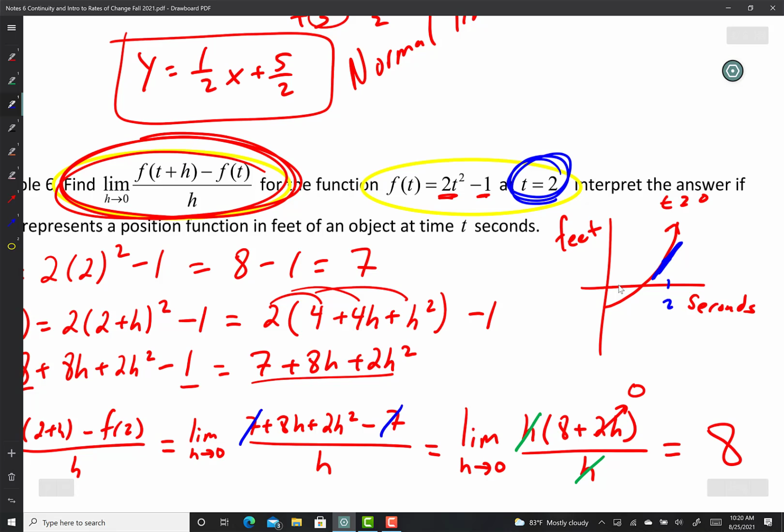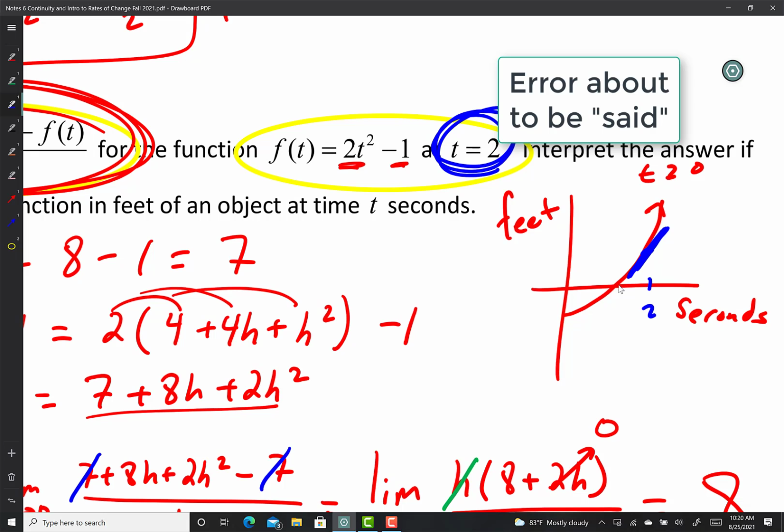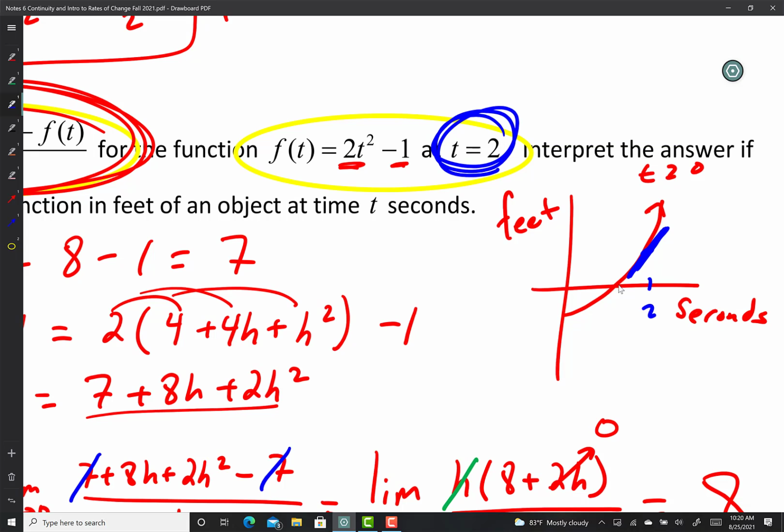So that blue line is a tangent line. I tried to draw a tangent line. I know that that blue line has a slope of 8. So what does the slope indicate in my position time graph? Slope of 8.